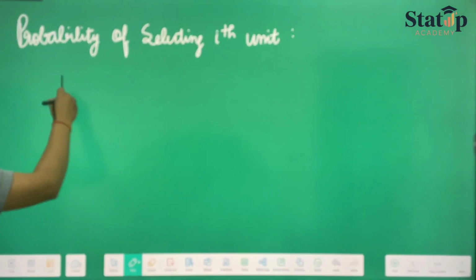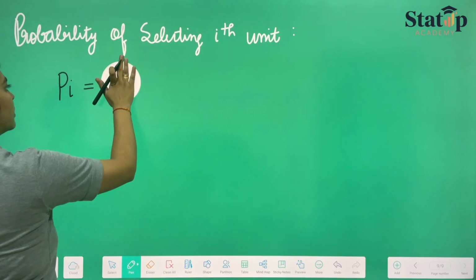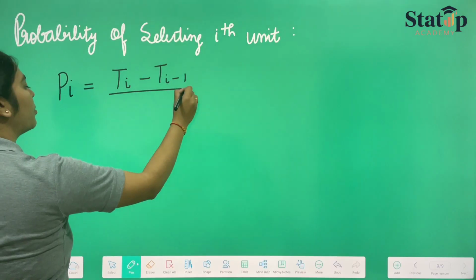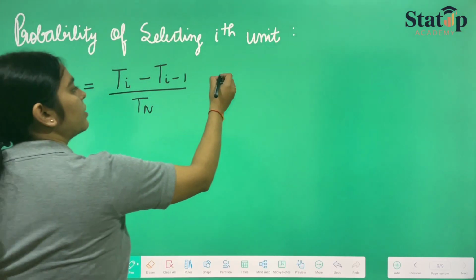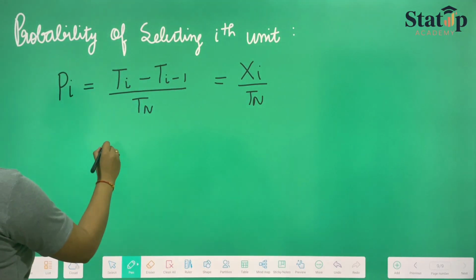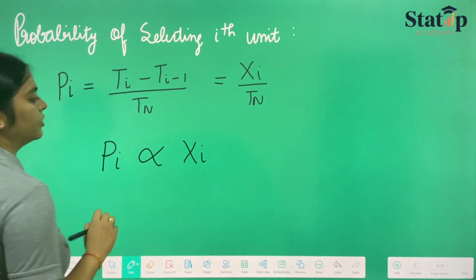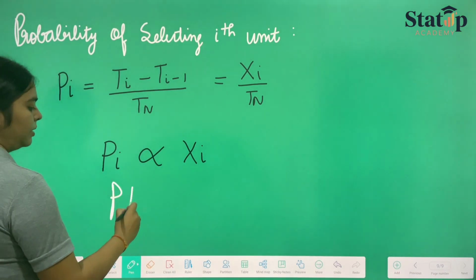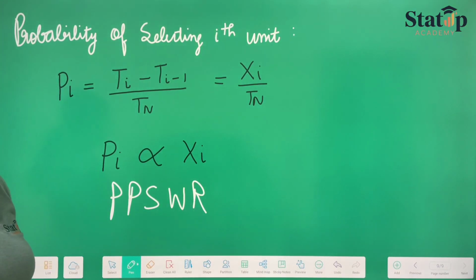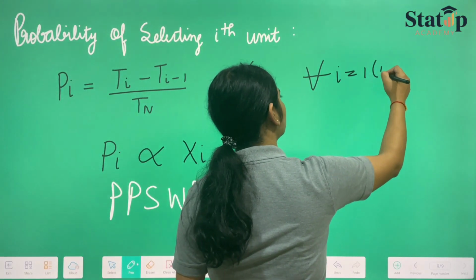Probability of selecting, which is denoted by pi, is nothing but Ti minus Ti minus 1 upon Tn, capital N. Ti minus Ti minus 1 is nothing but xi upon Tn. And from this we can conclude that probability of selection of ith unit is directly proportional to the size of the ith unit, and hence it is known as PPS with replacement, probability proportional to size with replacement, where i goes from 1 to capital N.